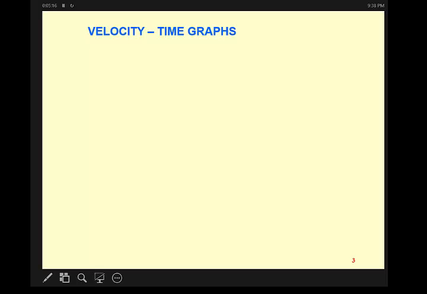So if we were to now graph velocity over time, we know that change in velocity over time is acceleration. So what should we conclude if we have a straight line as a result of our velocity over time graph?